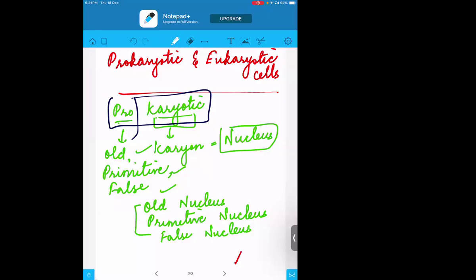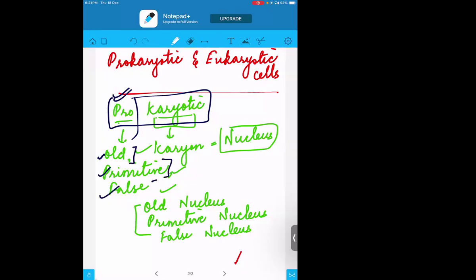Okay. Srivatsa, can you tell me what is prokaryotic? What do you mean by pro? Pro is like professional. No. Old, primitive, false.